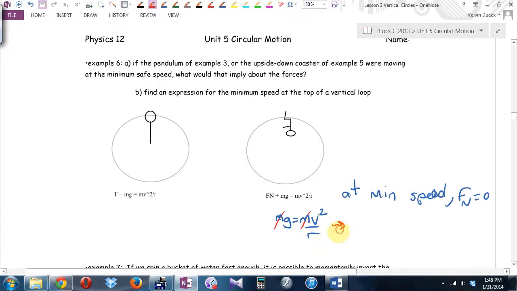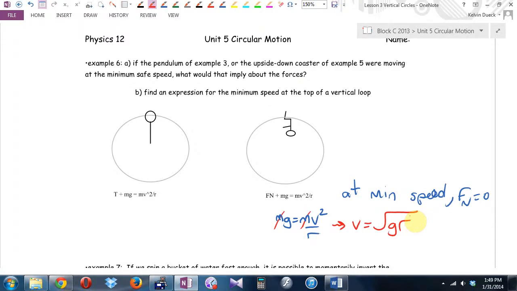I think the minimum safe speed is the square root of gr, is it not? That's 9.8 times the radius of your roller coaster, and take the square root of that. If you're going slower than that, you're not going to make it around the loop. You're either going to come crashing down, or if the wheels are locked in place, it would slide back down.